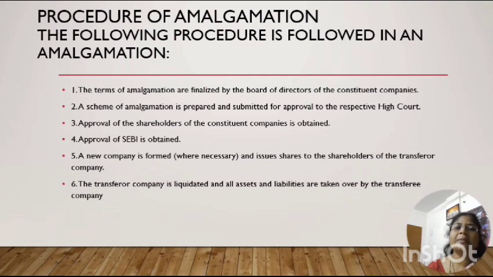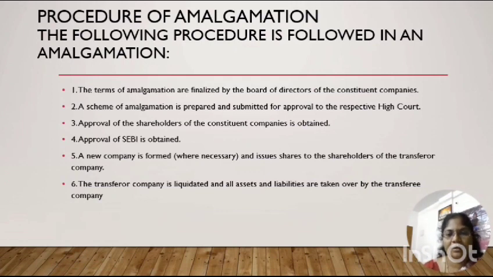So next one is the procedure for amalgamation. The following is the procedure in an amalgamation. First, the terms of amalgamation are finalized by the board of directors of the constituent companies. Because those two companies are already existing in the market and running their business, when they merge together, their directors should form an opinion about that and finalize the amalgamation.